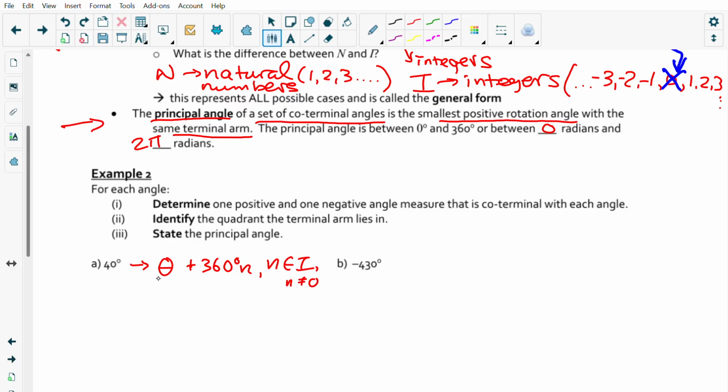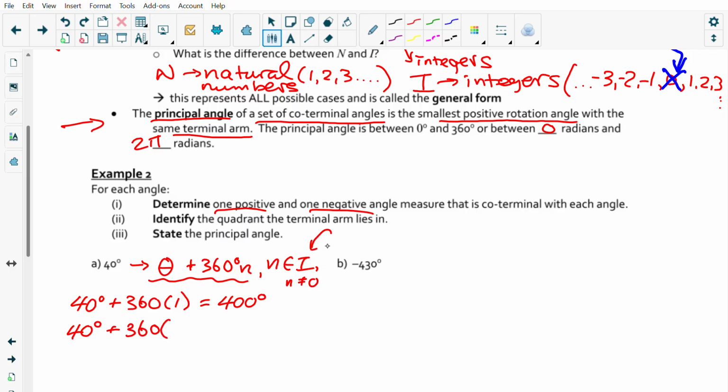Okay? If I use this formula here for the general form of the coterminal angle, 40 degrees plus 360, let's say n equals 1. So we're going to state one positive, one negative angle measure that's coterminal to 40 degrees. That is 40 plus 360, that's 400 degrees. So that's a coterminal angle. Let's do a negative angle.